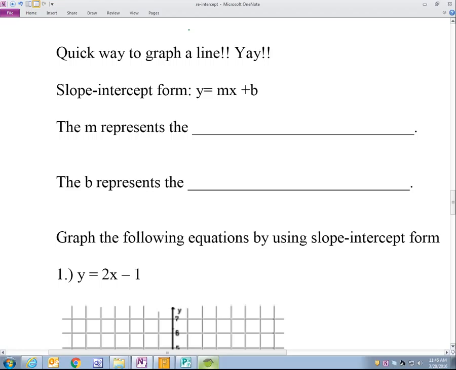The m in this situation represents the slope, from last Wednesday that we were in class, which is the change in y over change in x, rise over run.